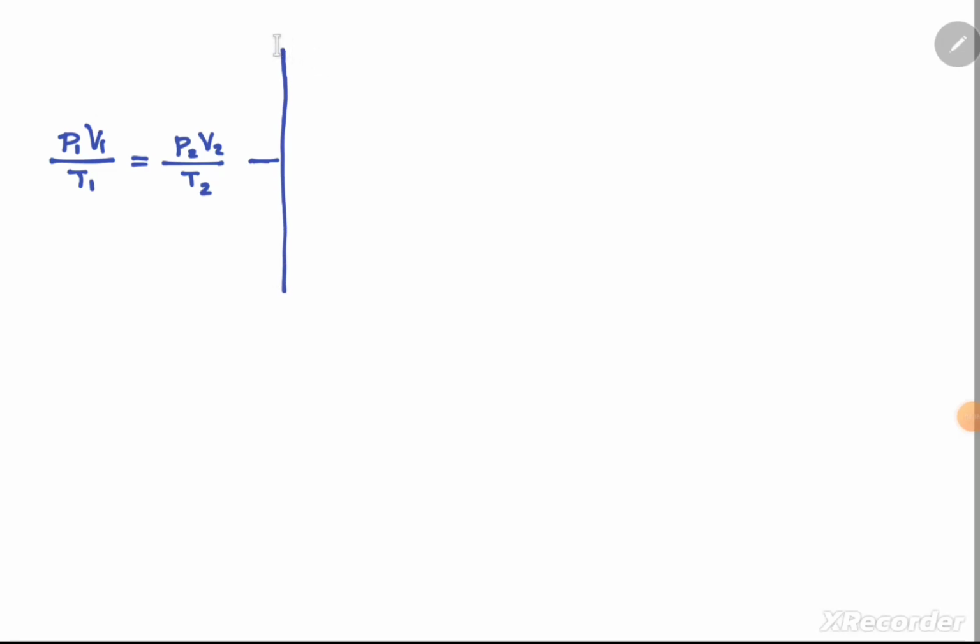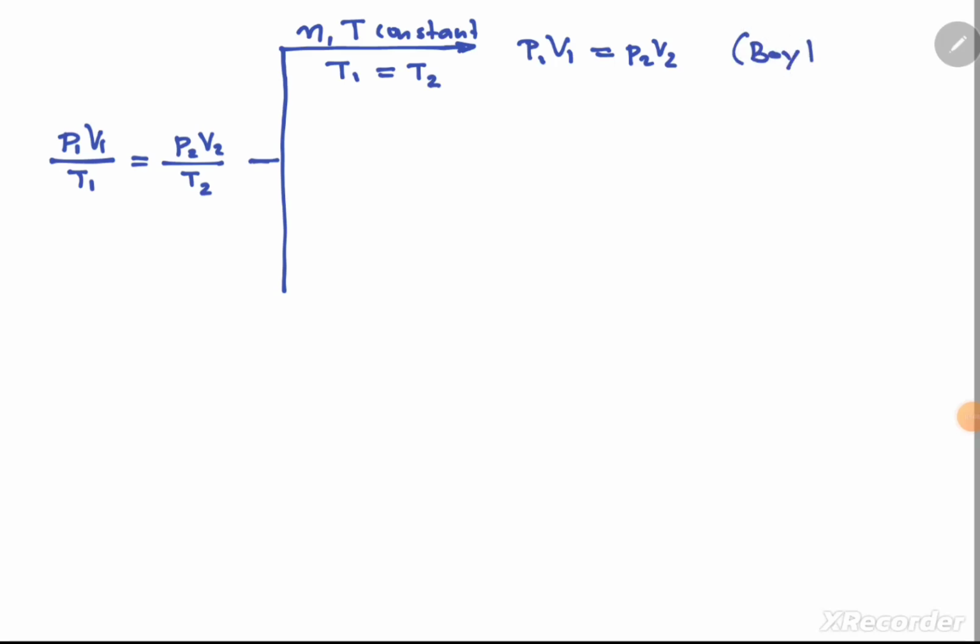First case: in the conversion, we have the number of moles and temperature constant. So we have the new equation, which is Boyle's law.